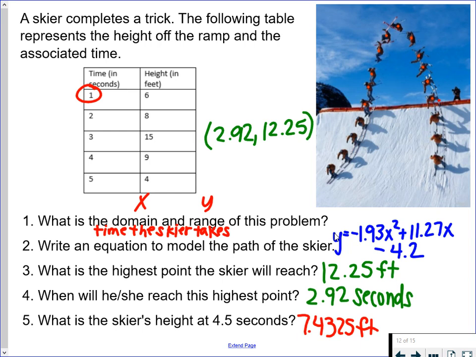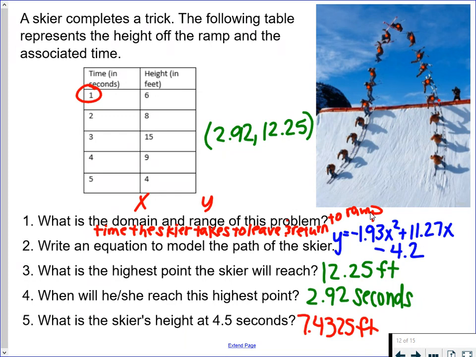So those are the things I want you to write down when it's talking about in context of a problem. It's the words, okay? So takes to leave and return to ramp. And then somewhere I would put in there 1 to 5.5.